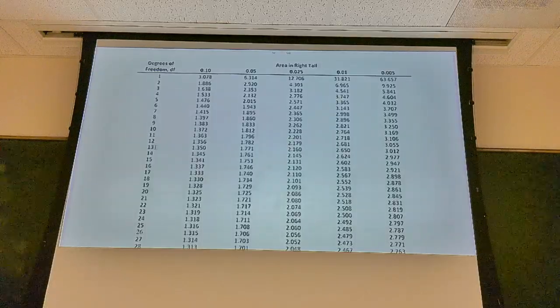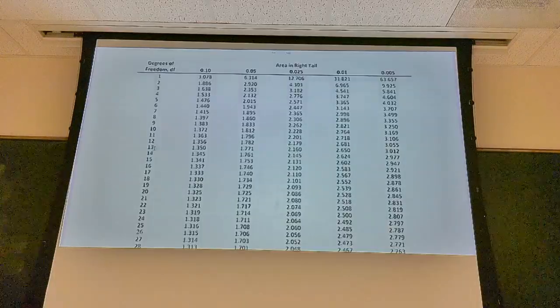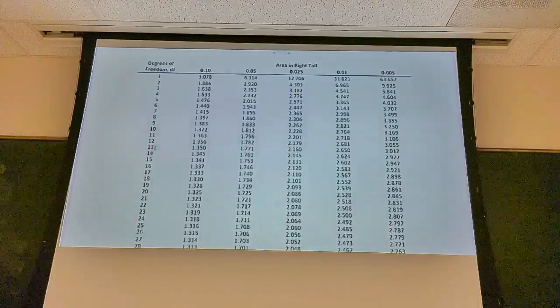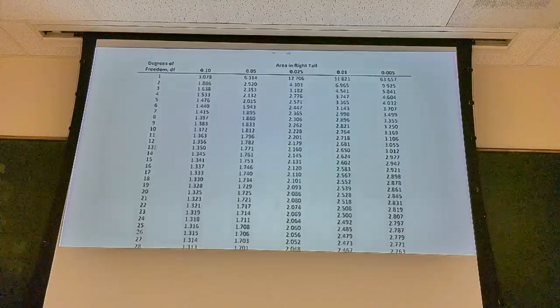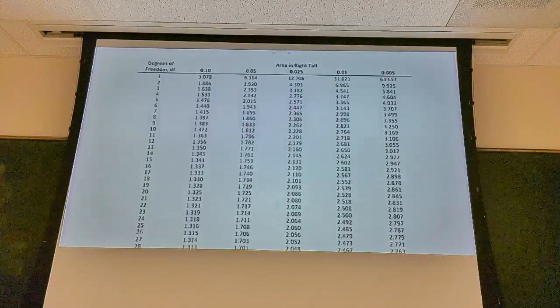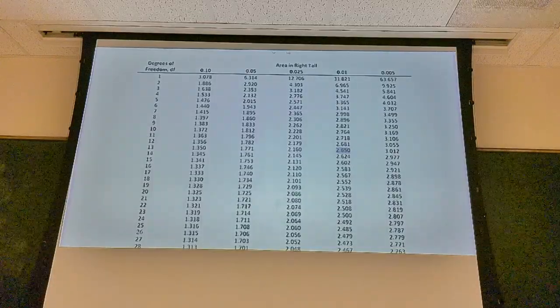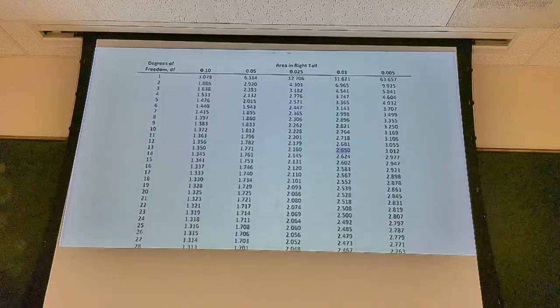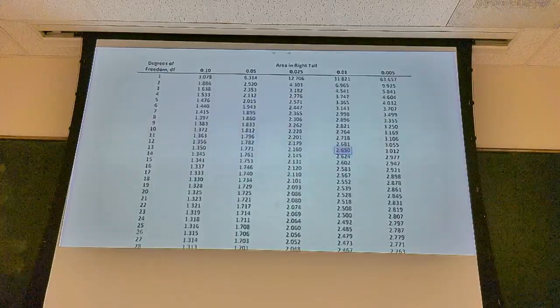What's alpha over 2? 2.650 would be our critical value. Right?